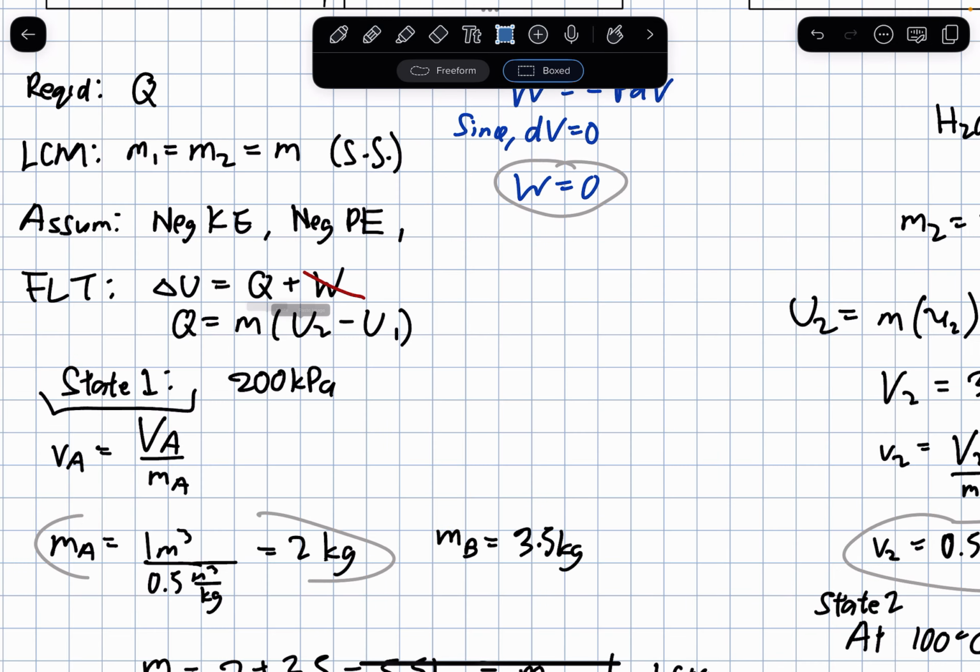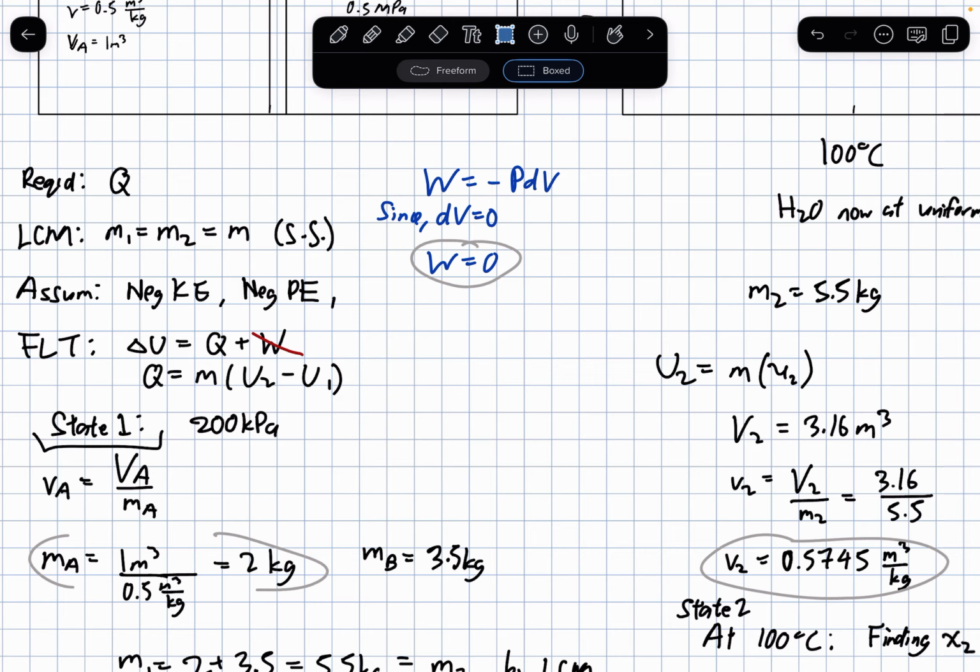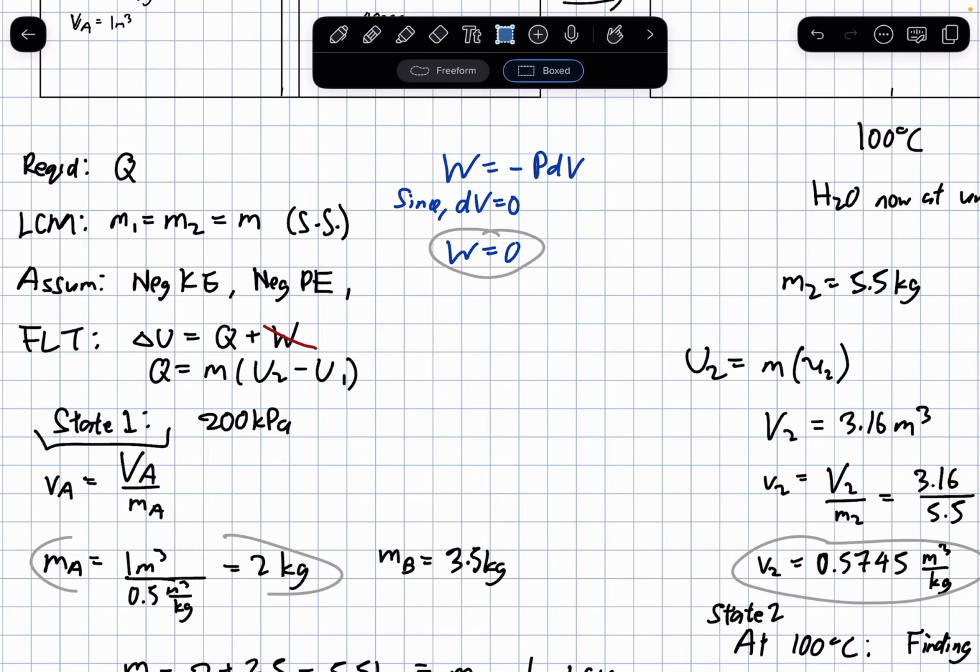Okay. I think that's the uniqueness of this energy balance. In this scenario, we're not only given states 1 and 2, we also have rooms A and B. So in that situation, we cannot say that the mass is the same for both rooms.